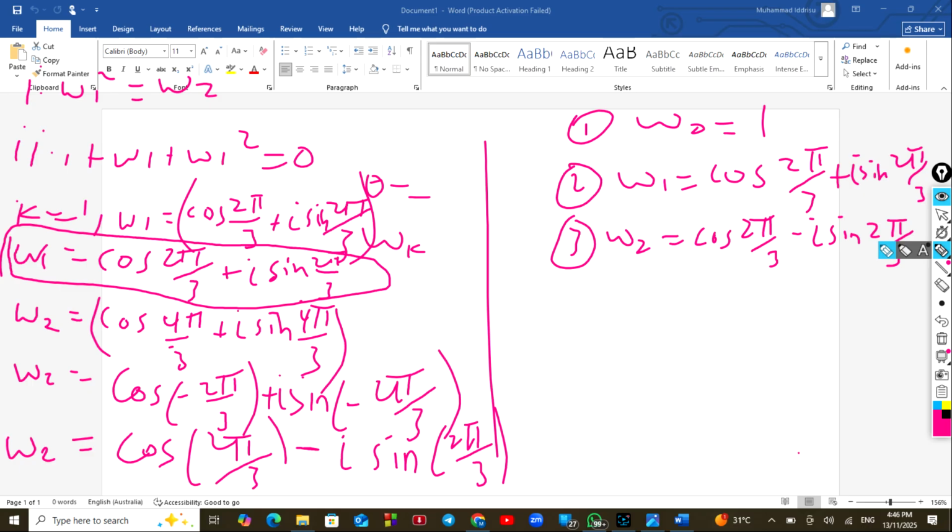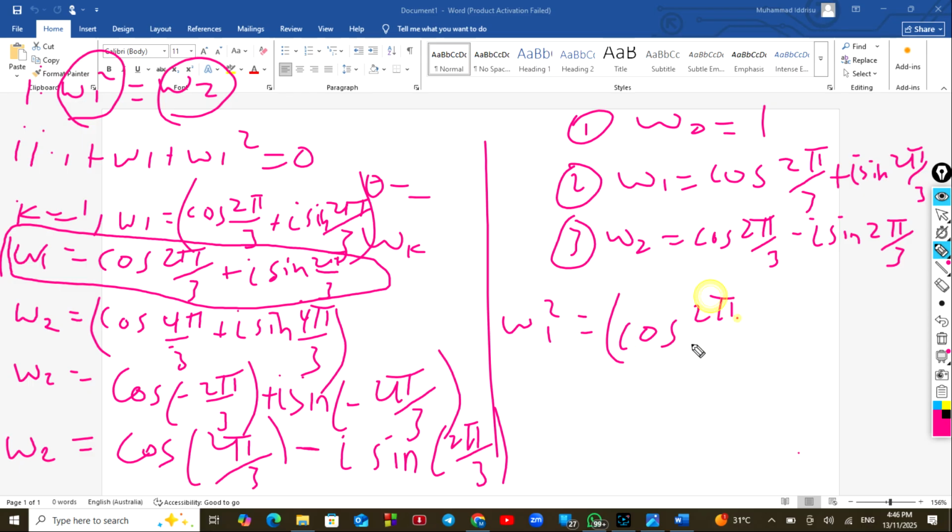First, we were asked to check whether W1 square is equal to W2. So let's quickly check it. W1 square is equal to what? Cos of 2 pi over 3 plus I sine of 2 pi over 3, all square.